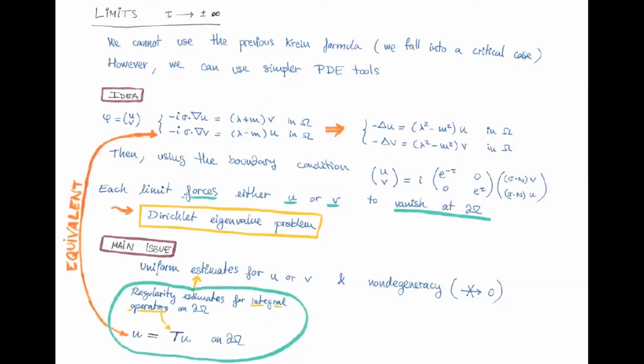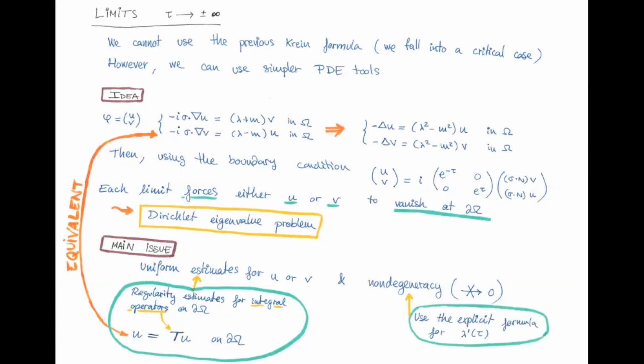One of the tools is to convert this into an integral operator problem on the boundary of the domain, in the spirit of layer potential theory, and then also to use the monotonicity of the eigenvalue curve. It is crucial in order to prove that you don't have degeneracy in your problem, so that your function does not converge to 0, and this is really an eigenvalue problem for the Laplacian, okay?